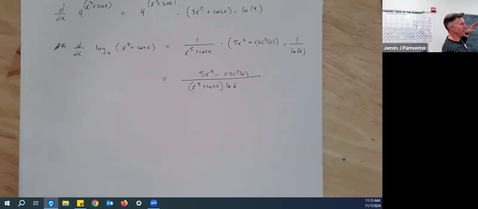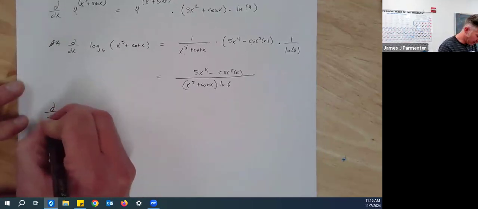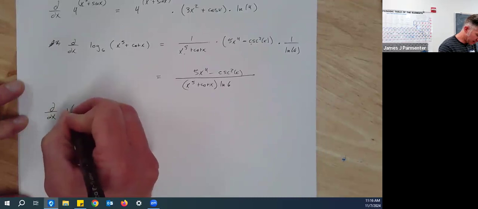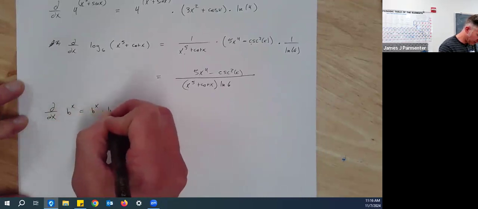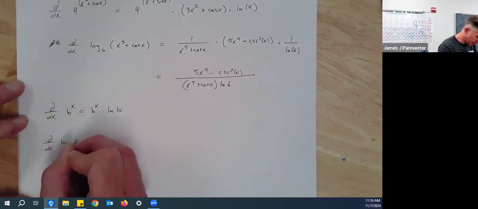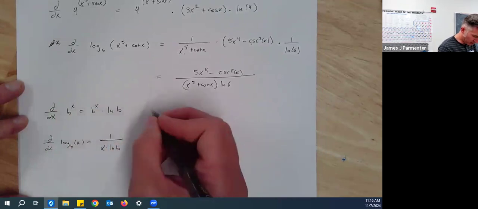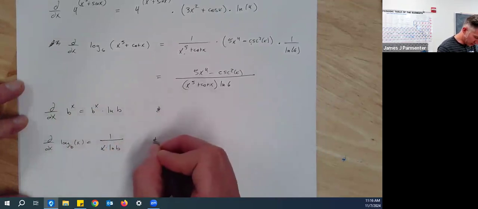And then if I have a different base, I'm just multiplying or dividing by the natural log of that base. You could write down a formula though. You could say, great, the derivative of b to the x is b to the x times natural log of b. The derivative of log base b of x is 1 over x times natural log of b. And then you could also write down the chain rule versions.